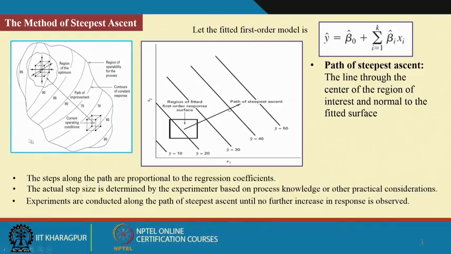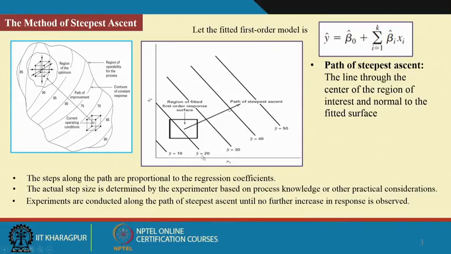Means if you are operating here, then here you conduct an experiment and obtain a first order response surface, and then using that first order model find out the direction of improvement, so that you can conduct sequential experimentation and finally reach the region of optimum.